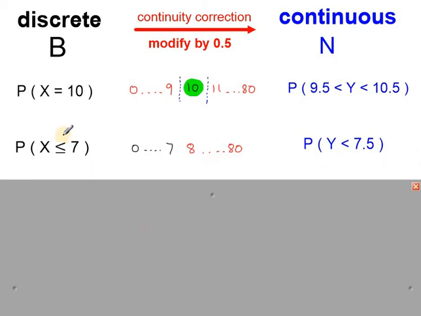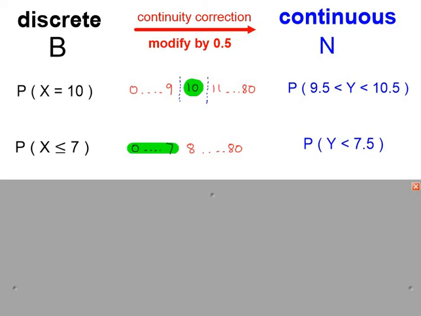So in this example, binomial probability, we want less than or equal to 7. So we actually want all of these, 0, 1, 2, 3, 4, 5, 6, 7. And I'm using an example here where n in the binomial distribution, the number of trials, is 80, which is why you'll keep seeing 80 in my numbers here.